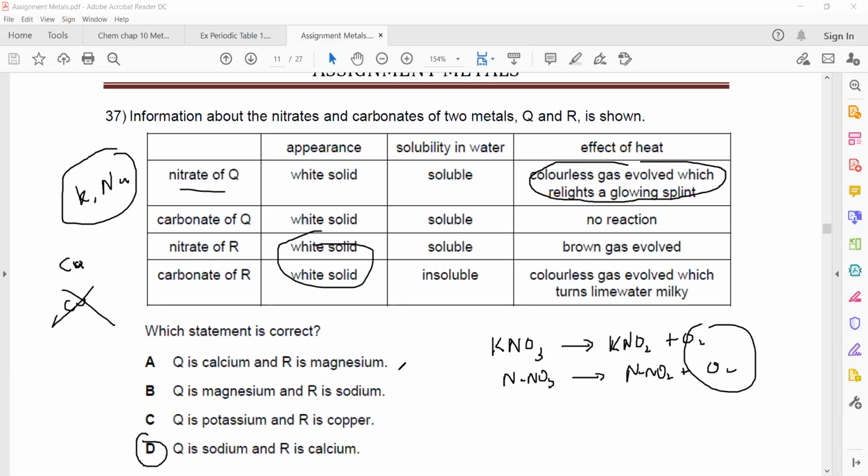Is it clear how we identify? Because Q can be potassium or sodium, A and B cannot be the answer. You're left with C and D. But how will you identify whether it's copper carbonate or calcium carbonate? Both decompose to give a brown gas. But the thing is appearance. Copper compounds are not white solid, they are colored compounds. Group 1, 2, 3 compounds are white solid. So we conclude that the right answer is D. Is it clear?